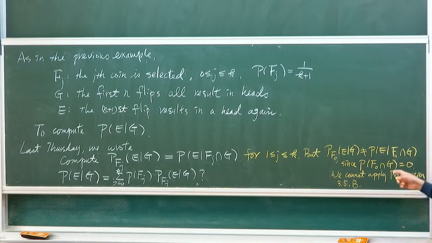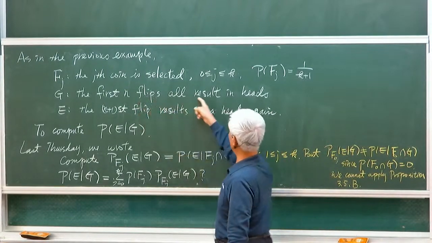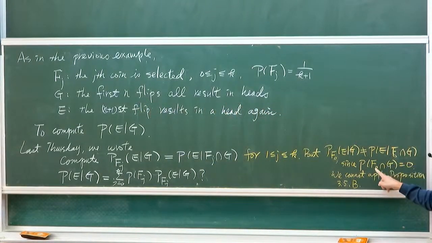Okay, so G is that the first n flips all result in head. So you select the zeroth coin, and then the first n flips give you heads. The probability is 0, of course, because once the zeroth coin is selected, when you flip that specific coin, the probability to have a head is 0.